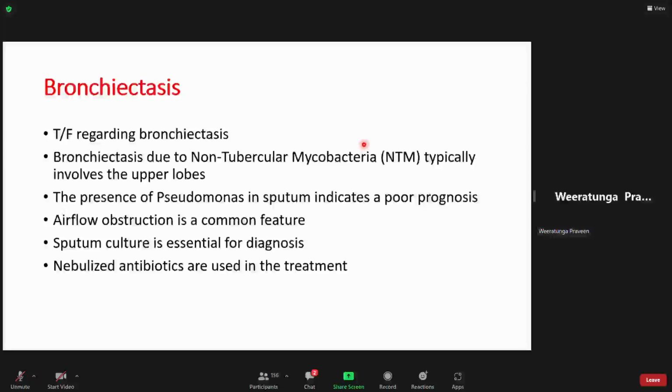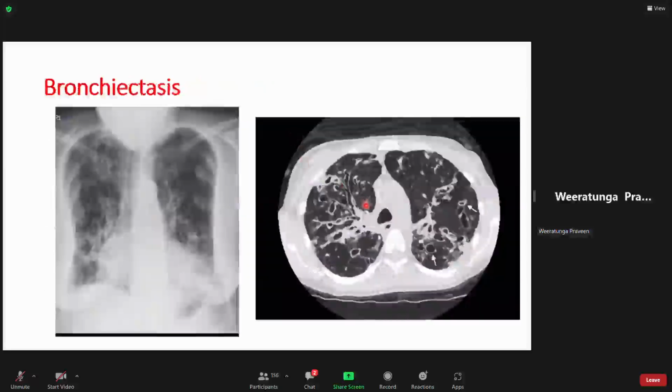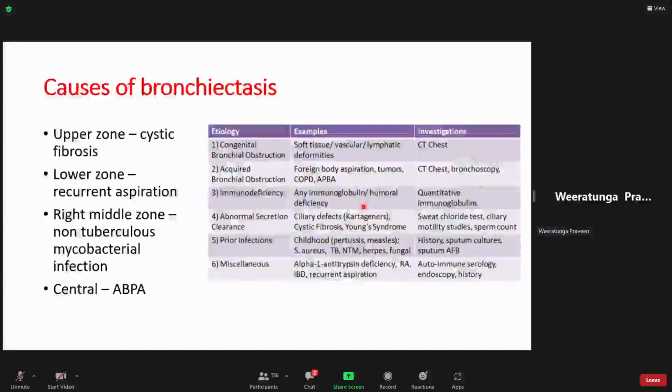Airflow obstruction is a common feature. Yes, that is also something that we see. There is an obstructive airway component in bronchiectasis, so inhalers are used. Sputum culture is essential for diagnosis? Bronchiectasis is diagnosed from the clinical history, with cough, phlegm and a copious amount of sputum, and radiologically. In some patients with localized bronchiectasis we examine through bronchoscopy, but that's not very common.